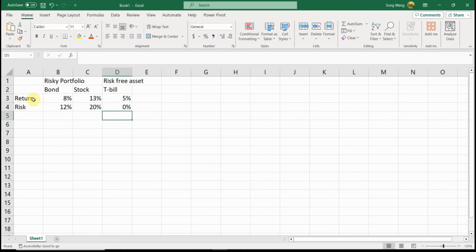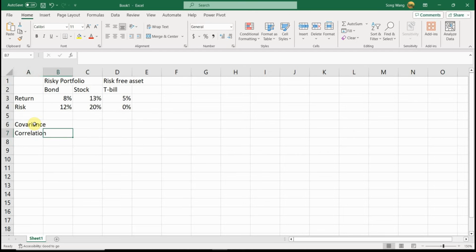That means no variation of the return. T-bills are also a debt obligation issued by the U.S. government. And you can also get the covariance and correlation.